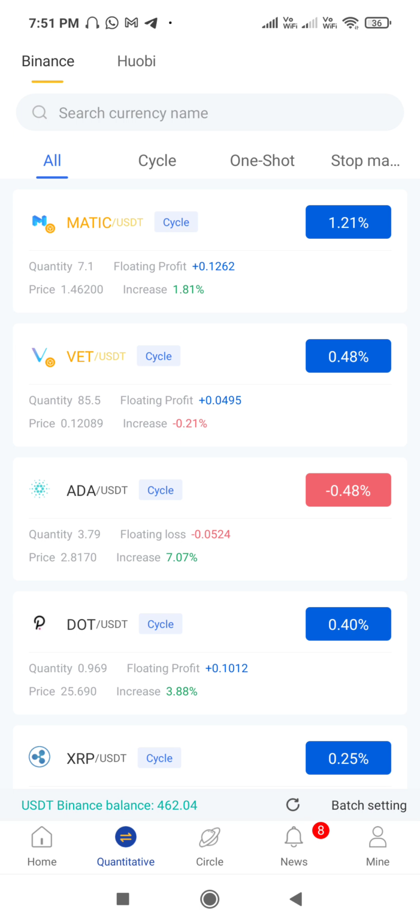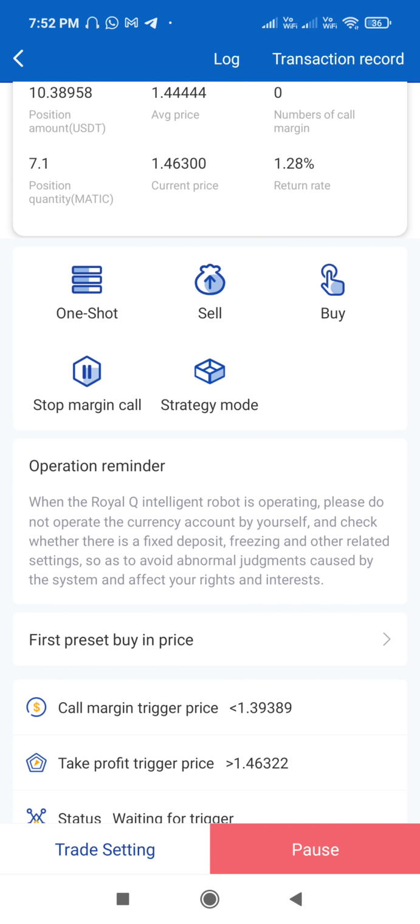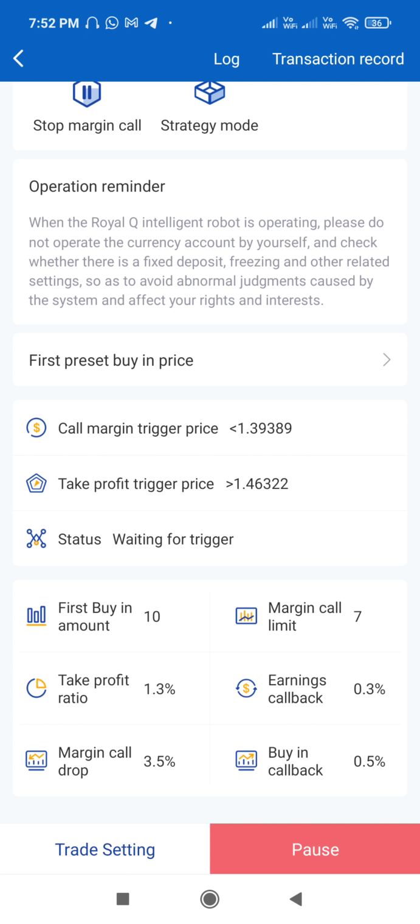Once you select this, suppose for an example, you press Matic. Once you press Matic, see, first buy is there, margin call is there, take profit is there, earning callback is there, margin call drop is there, buy in callback is there.